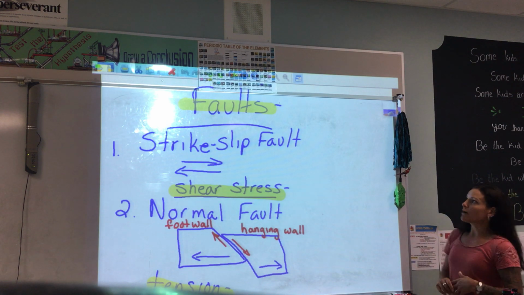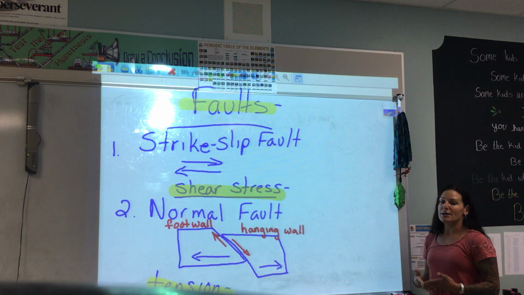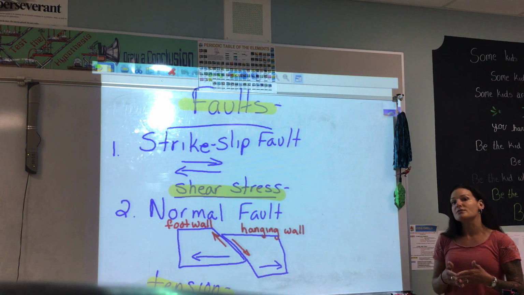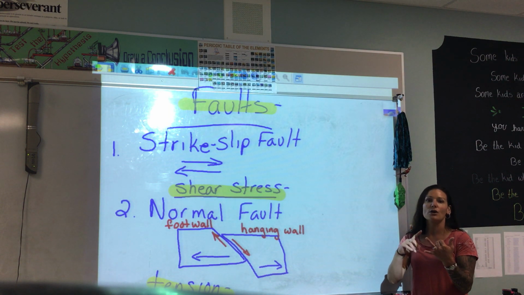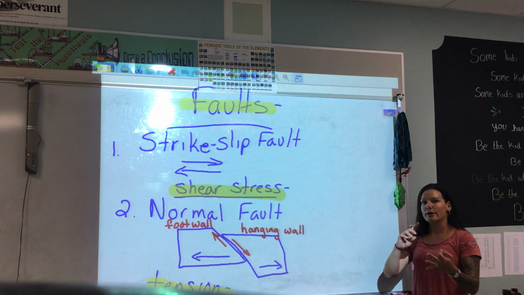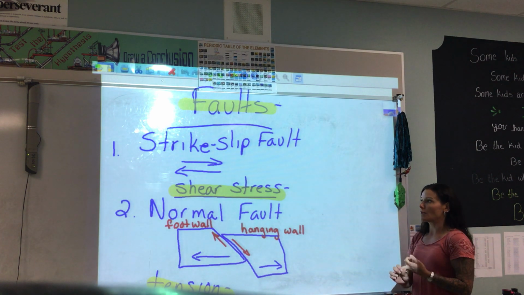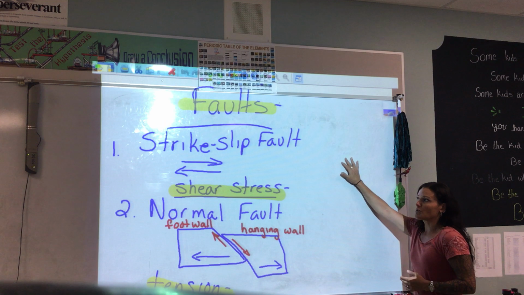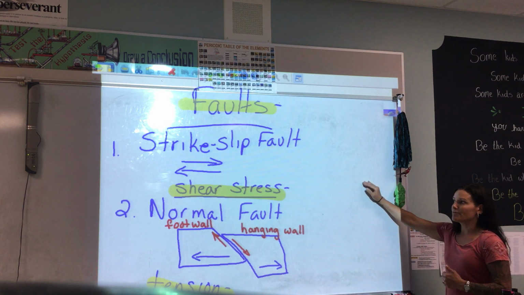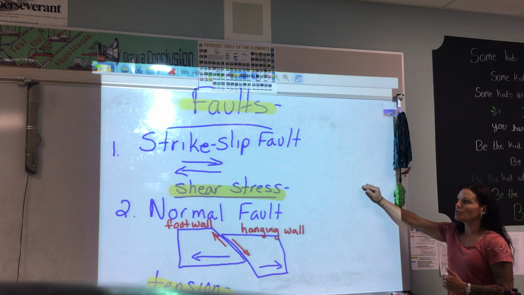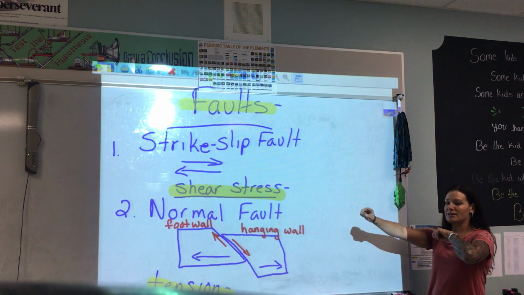When it comes to mountain building, there are 3 types of faults. Remember, a fault is a crack in the earth, or it's where 2 plates are either coming together, pulling apart, or sliding past one another. We're going to start first with what's called a strike-slip fault. In a strike-slip fault, you'll notice that I have 2 arrows going past each other.